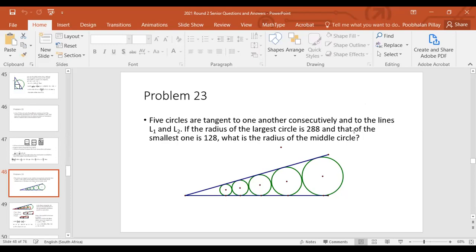Okay, here you got 5 circles which are all tangential to 2 lines. The 2 lines are slanted at an unknown angle to each other, but the circles are all tangent to each other. What is given is that the radius of the largest circle is 288.